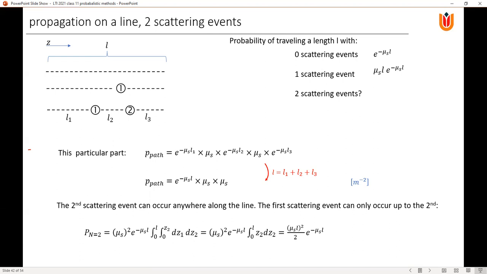Then we do the outer integral of Z2 over 0 to L, and that will be the front. And again, these integrals have increments dz1 and dz2, but these are just increments on the path length scale. So dz1 is equal to dz2 is equal to the step size.